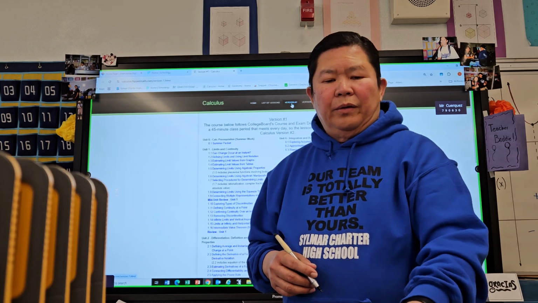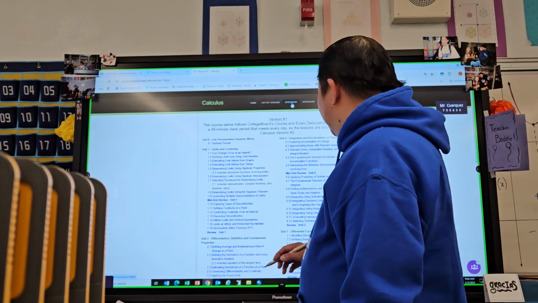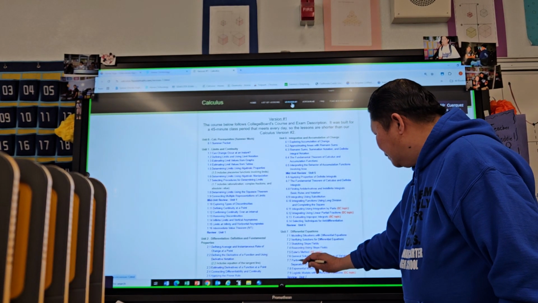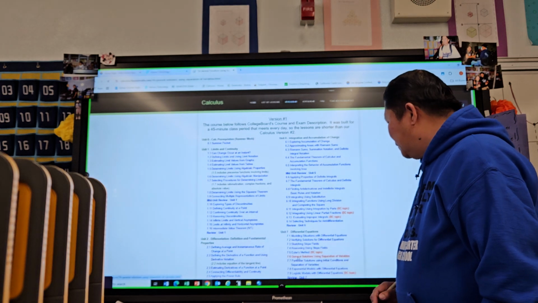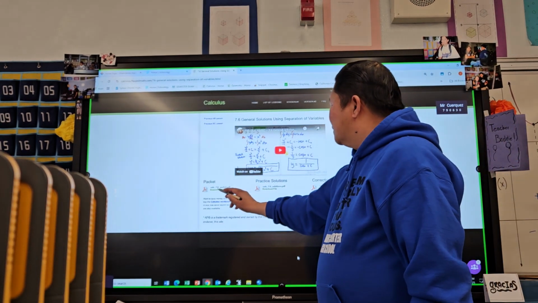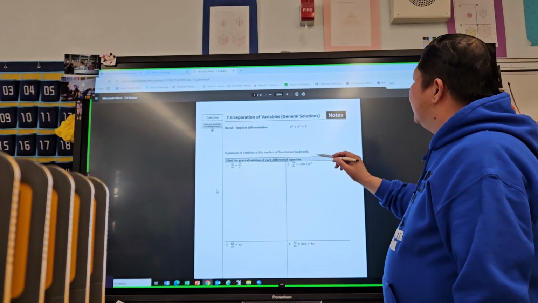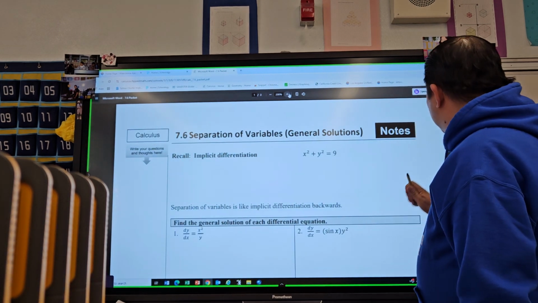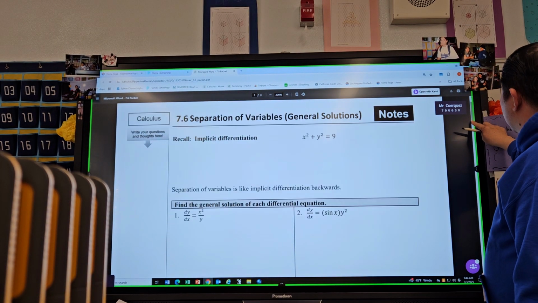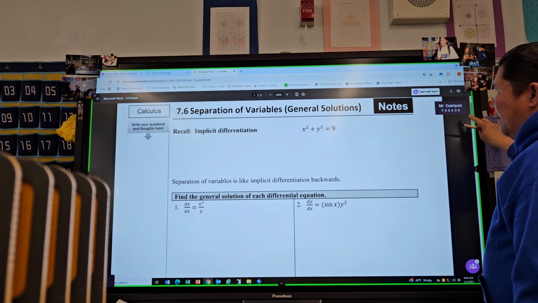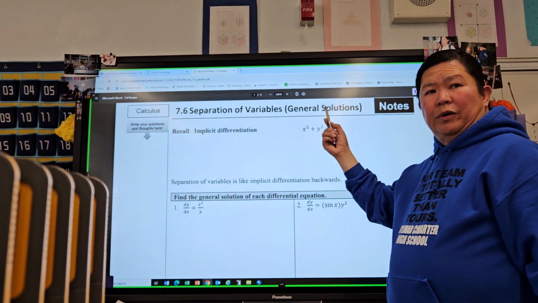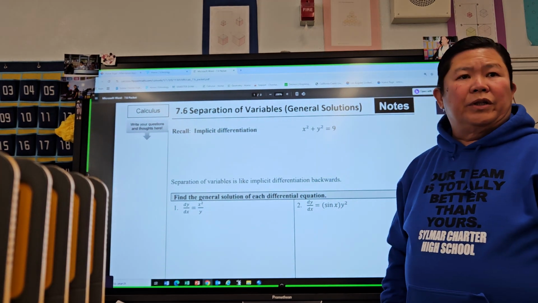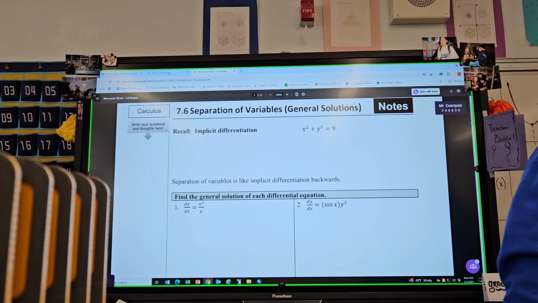So, we have separation of variables. So separation of variables, and we do general solution.